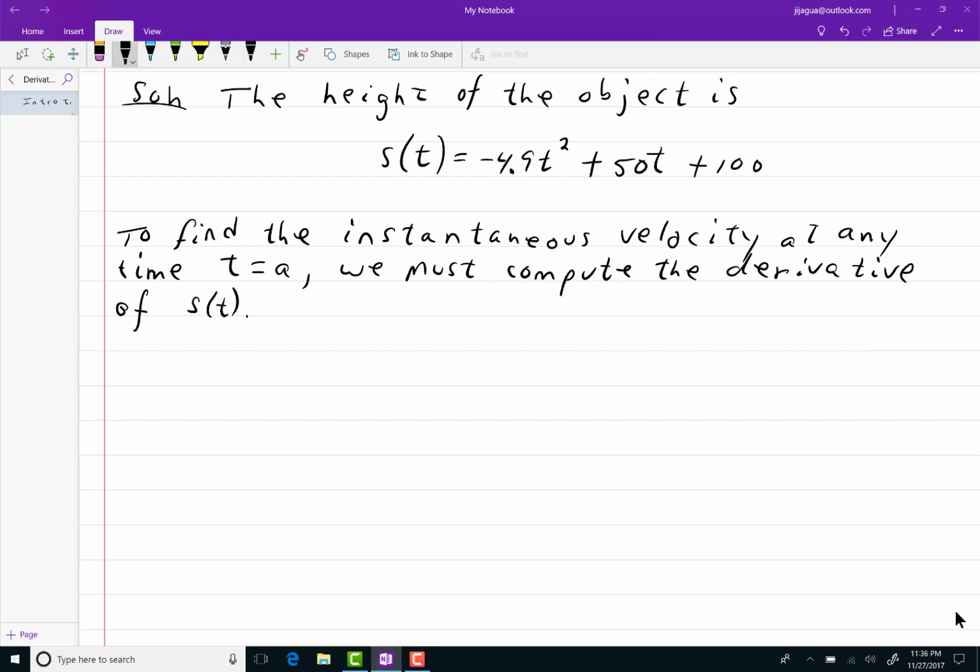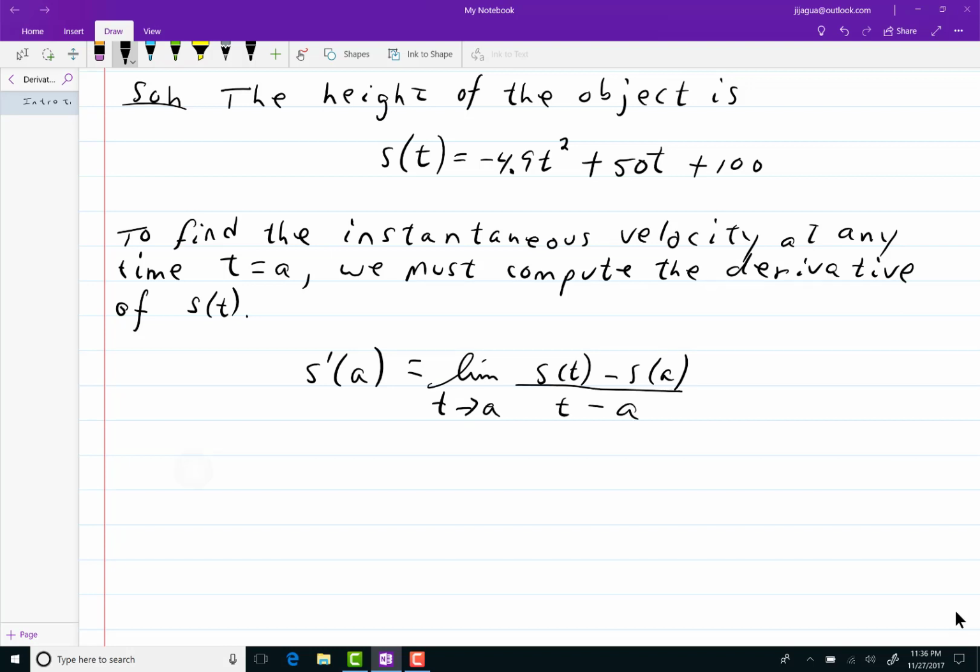You remember the formula for this: s prime of a, the velocity at any time a, is given by the limit as t goes to a of s of t minus s of a all over t minus a.